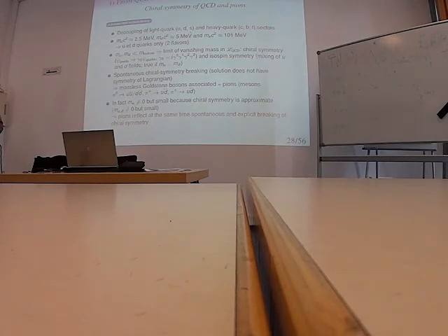They are light in mass because of the explicit breaking of chiral symmetry, by explicit breaking I mean the fact that quarks do have non-zero mass. This would be perfect symmetry if the mass were 0, but it is almost perfect. It's almost 0. Then the explicit breaking at this level of the quark masses is not very large.